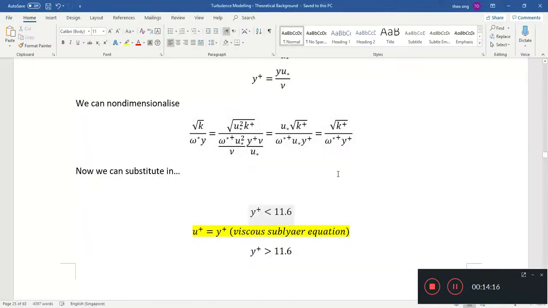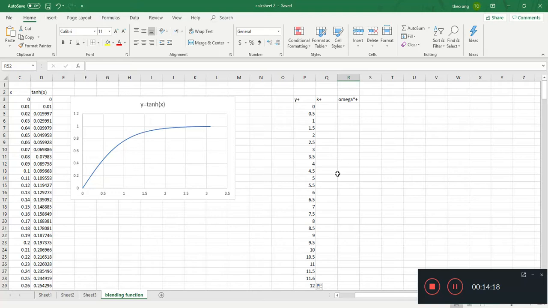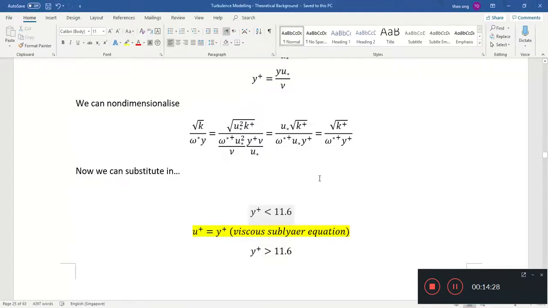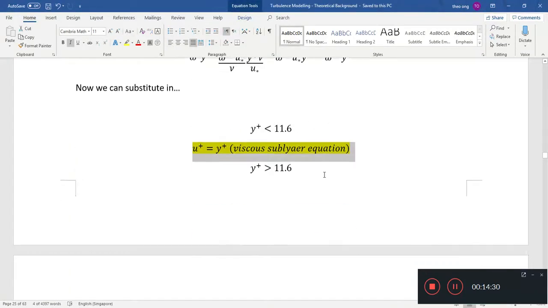Okay, so that's that. For the sake of good comparison, we'll have a U plus here, and in the viscous sublayer, U plus equals Y plus.